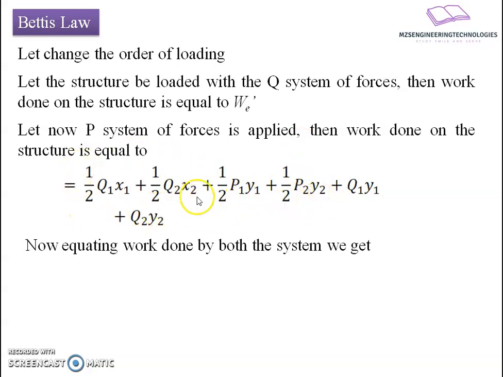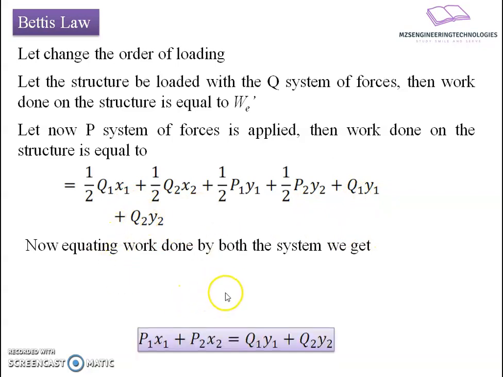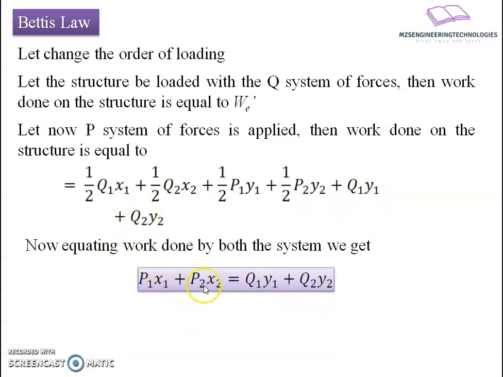This is the work done by the Q system, this is the work done by the P system, and there will be additional work done by the Q system for the additional distortion: Q1 y1 plus Q2 y2. Now equating both sides, what we get is P1 x1 plus P2 x2 is equal to Q1 y1 plus Q2 y2.